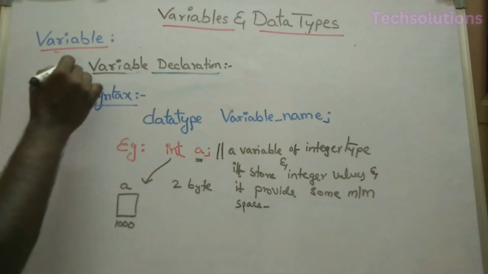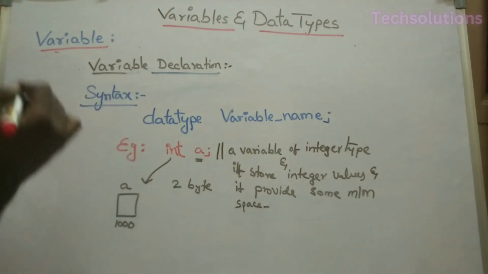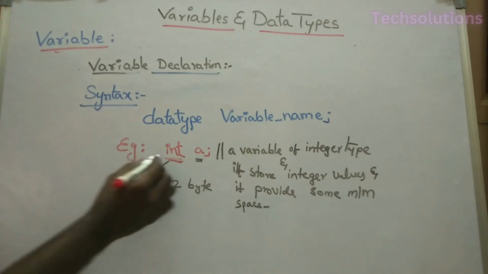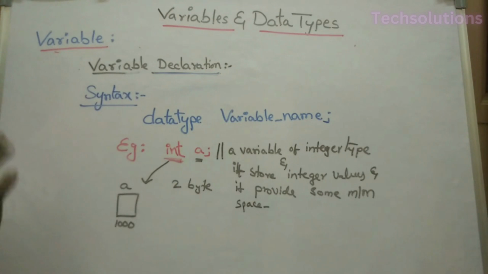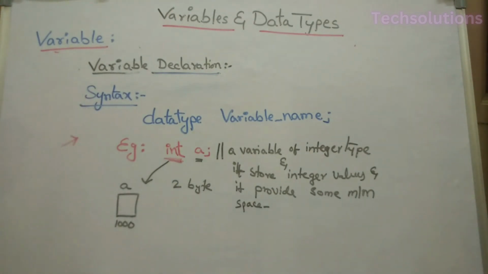Are you clear? What is the purpose of variable declaration? By using the variable declaration, we provide some memory location for the particular variable. How much memory space we have to provide depends on the data type. That is the syntax for declaration of the variable, right?